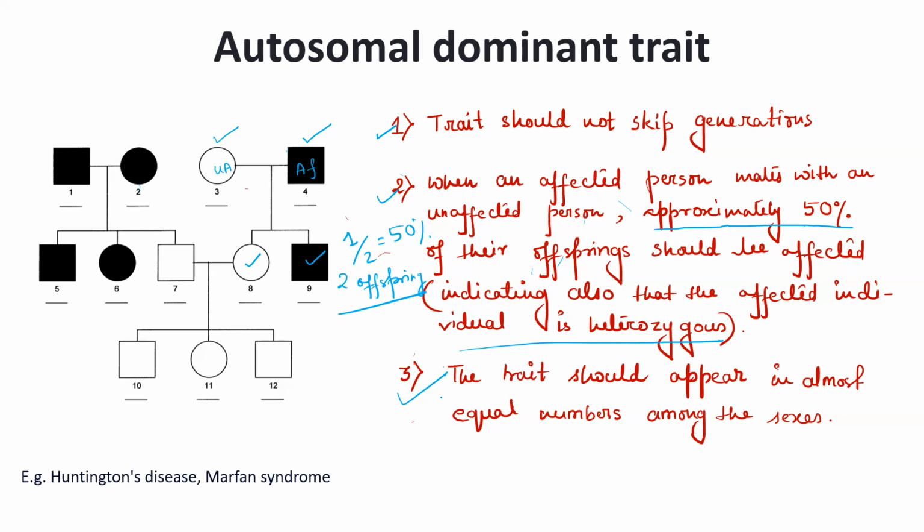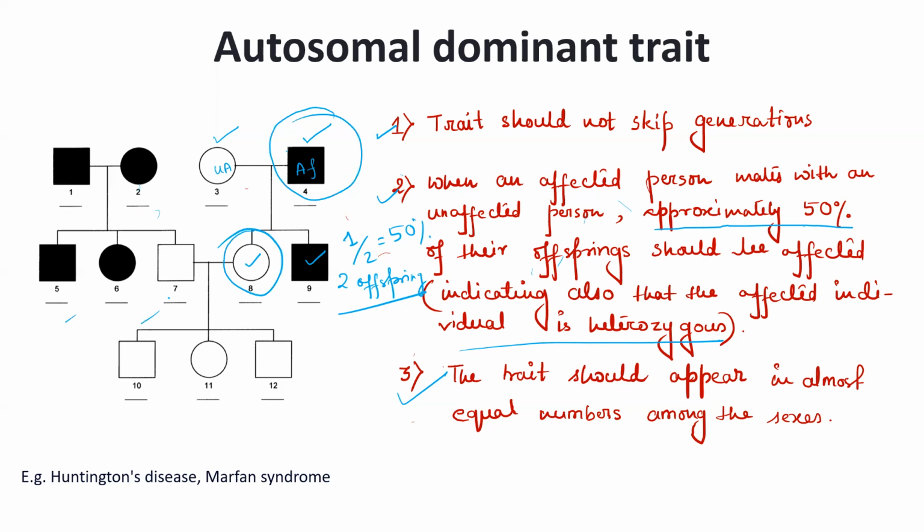Affected parents can have unaffected children. Remember, affected parents can have unaffected children. Here only you can see, affected parent, unaffected children. The trait should appear in almost equal numbers. Here also it is satisfied. See, both the sexes are affected.